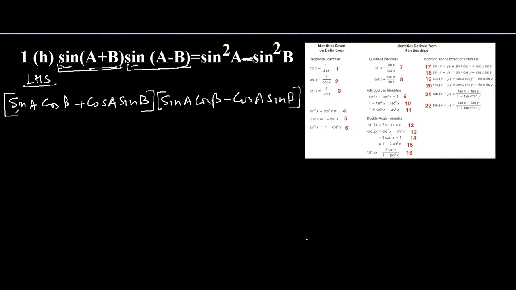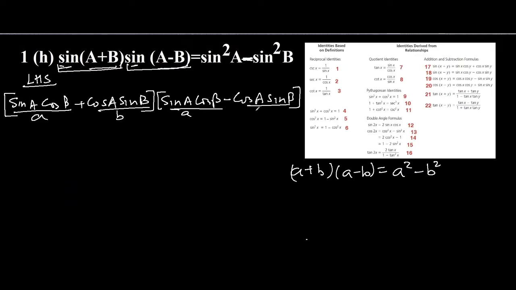Now if you look at the first term, it is exactly the same as the first term of this bracket, and the second term is the same as the second term. So we can use the identity we have learned in our earlier classes, that a minus b multiplied by a plus b will be a square minus b square. So that is the same situation here. This is a for us, this is b, a and b.